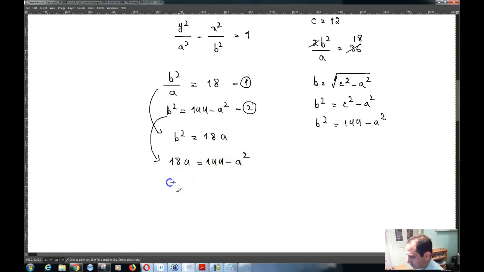So now I have negative a squared, negative 18a plus 144 is equal to 0. Or I can write a squared plus 18a minus 144 is equal to 0.